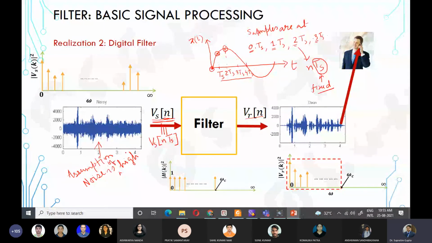If I assume that the noise is confined only to the higher frequencies, then we get a certain zone in the frequency axis corresponding to noise.